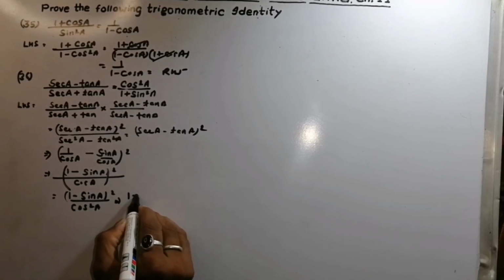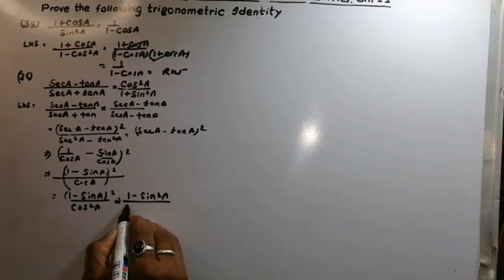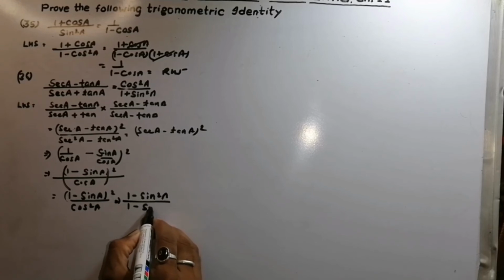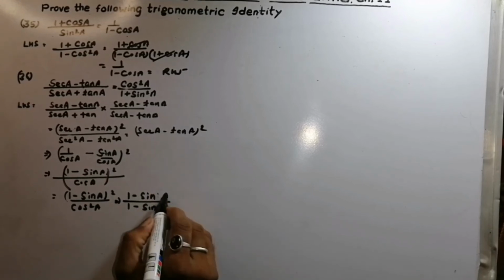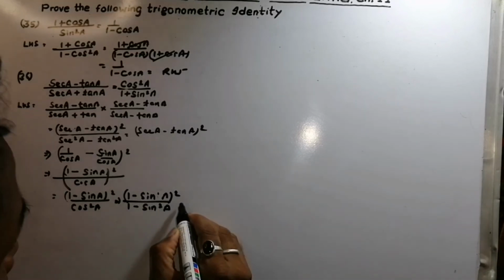Further, we can write 1 minus sin a whole square upon 1 minus sin square a.